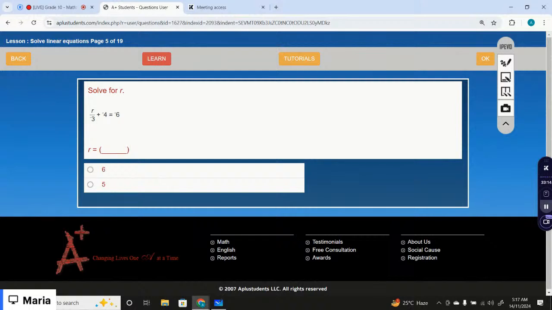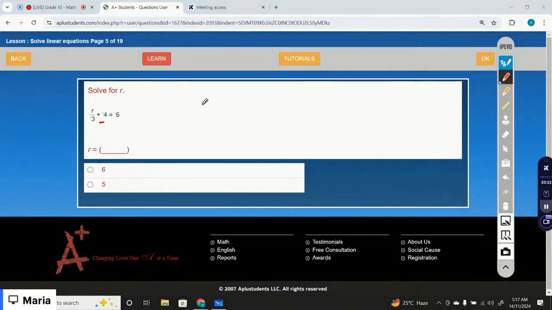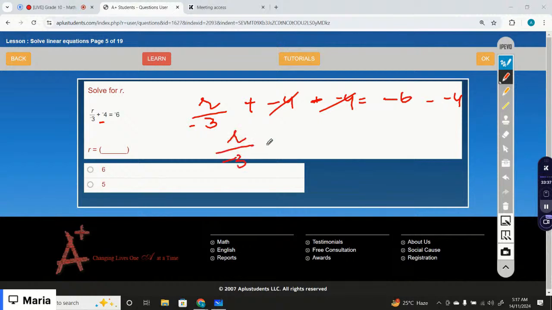R divided by negative 3 plus negative 4 equals negative 6. Subtract negative 4 both sides, right? You are left with r divided by negative 3.